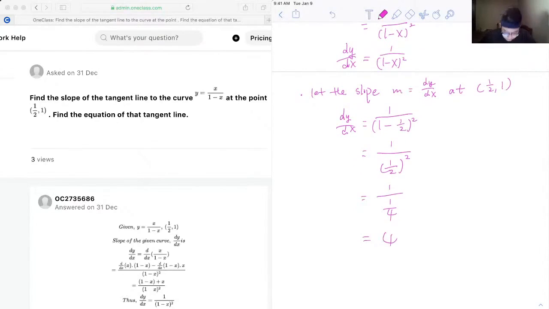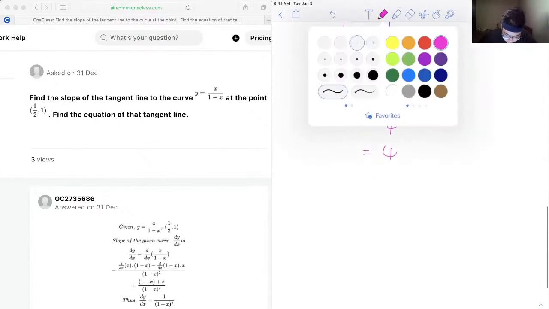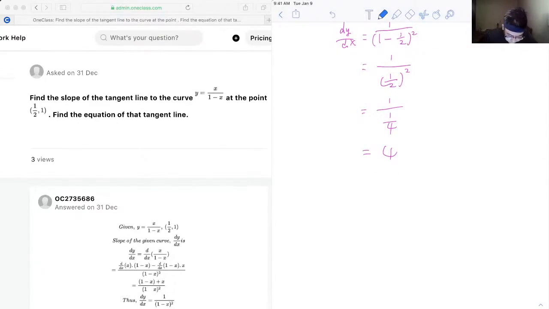Okay, so now we can write the conclusion for the slope.